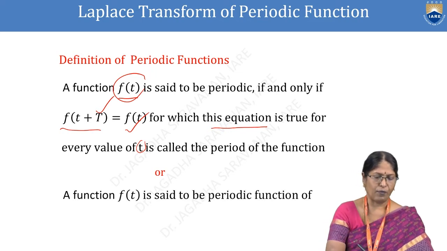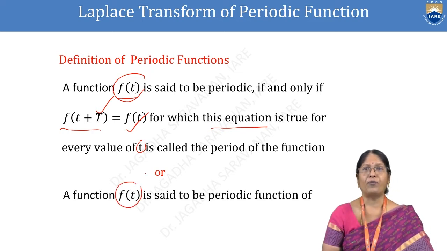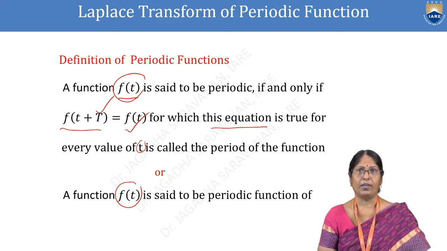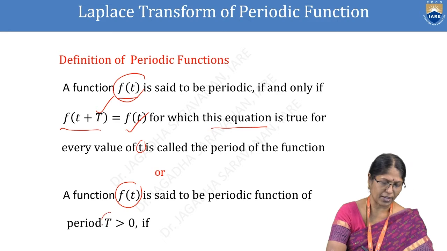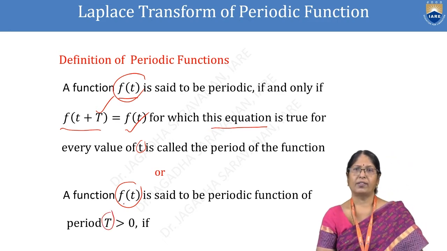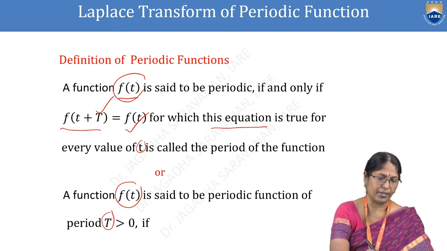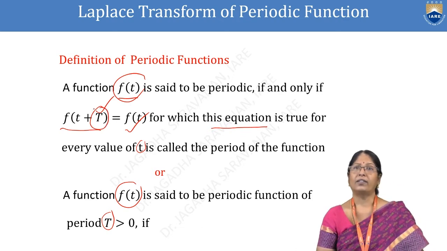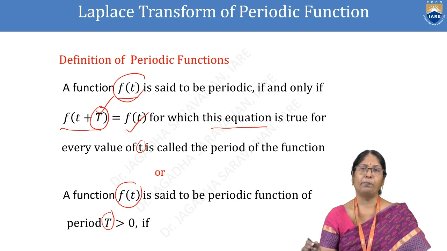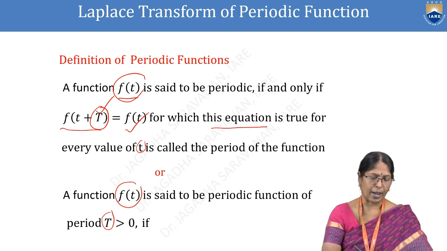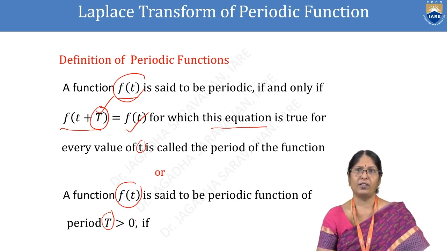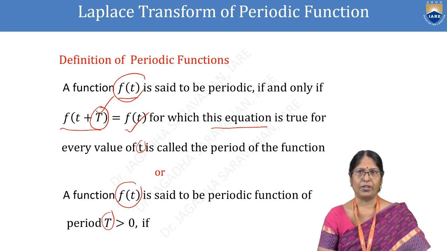A function f of t is said to be a periodic function of period capital T, where the period added to the function is denoted by the symbol capital T, and capital T is greater than 0, that is positive.